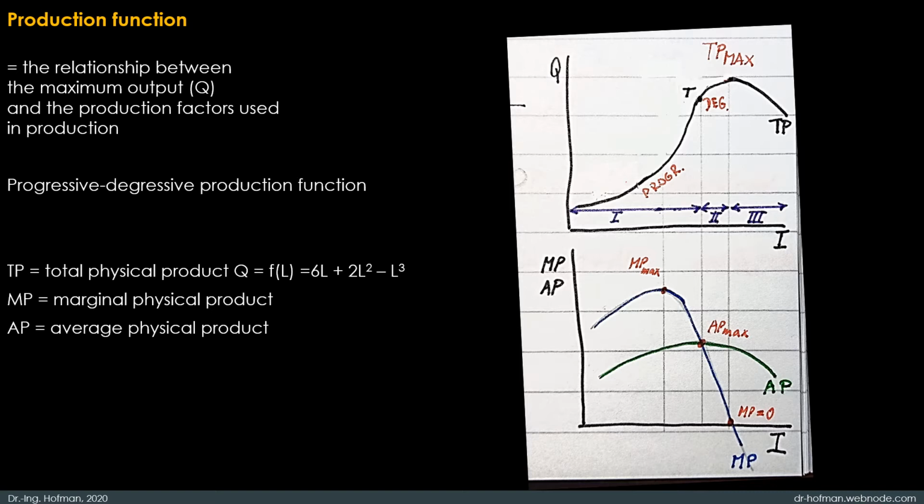In stage 2, output increases at a decreasing rate. It's the degressive part of our function, and the average and marginal physical product both decline.